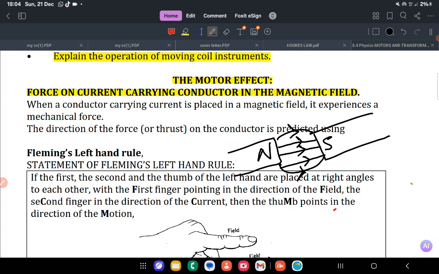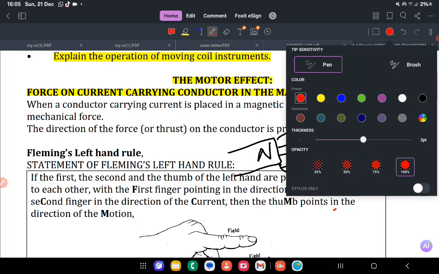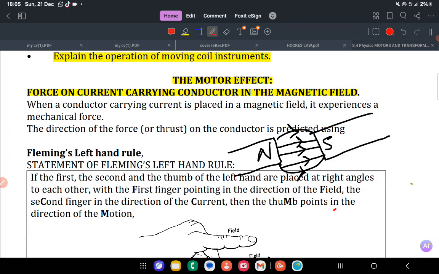Now, suppose that we have a circuit, part of which is a straight conductor, like a wire. Suppose this is connected to a switch, and this one here is a cell.